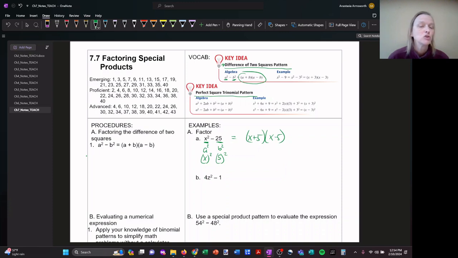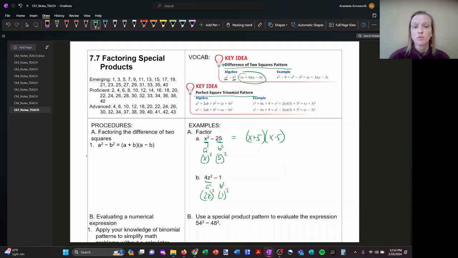Here, I don't have a variable just by itself. My variable is multiplied by a coefficient, but my coefficient is also a square number. So if I think of this term as being a squared, if I take the square root of 4z squared, I am left with 2z. So 2z, when I square it, gives me 4z squared. My b value is a squared number: 1 is just 1 squared, so my b value is 1.